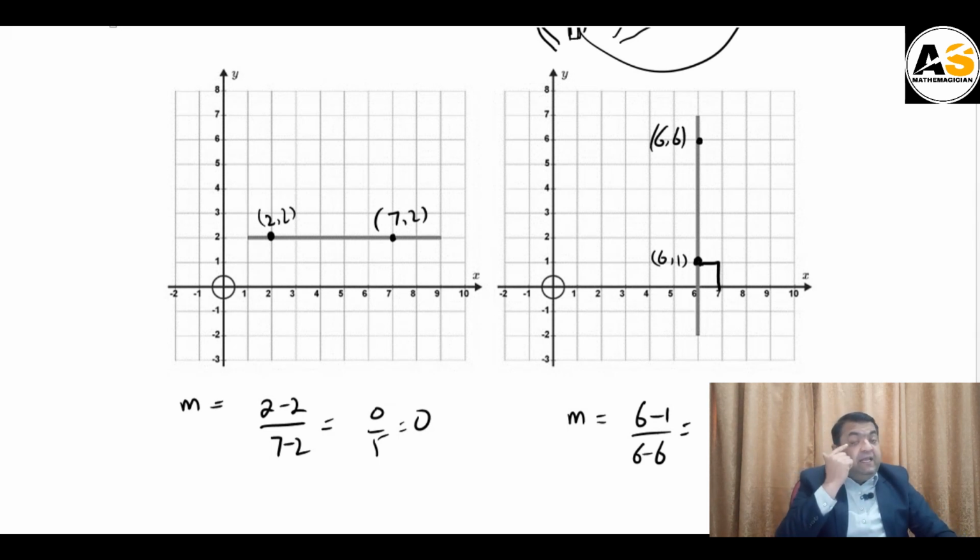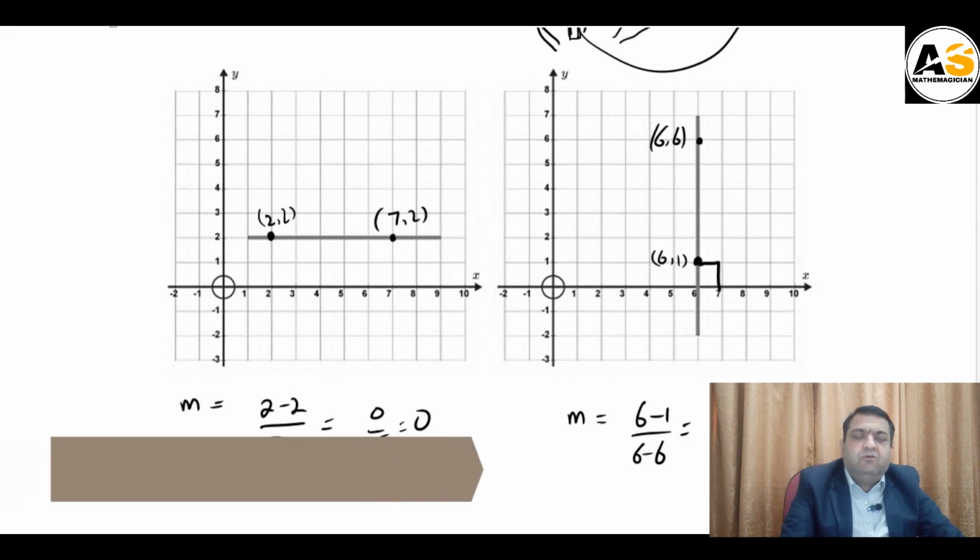Now, let me recall in brief what we have learned so far. We have learned that the gradient of a line is the tangent of the angle formed by the line with the x-axis. How do we calculate the gradient if we are given 2 points? The formula is y2 minus y1 over x2 minus x1.